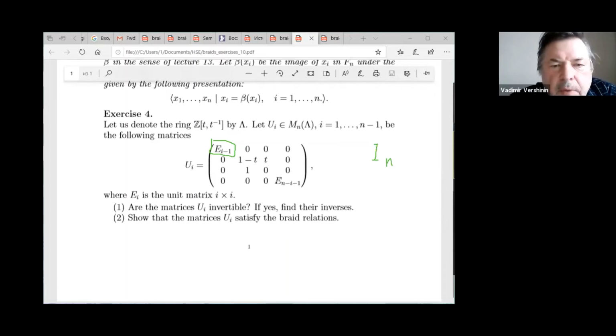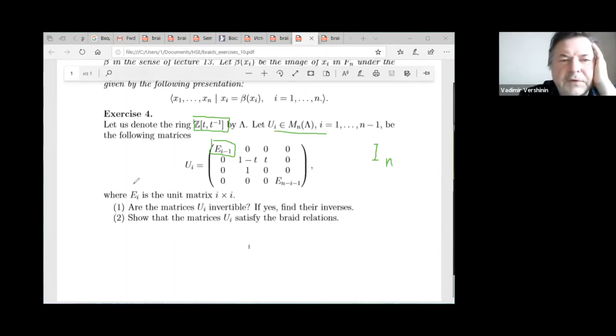So now, let us consider the following matrix. The matrix belongs to the matrices over the following ring. You have Z, t, and t minus 1. So Laurent polynomials.